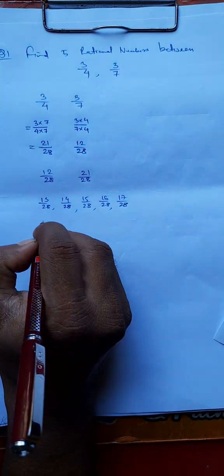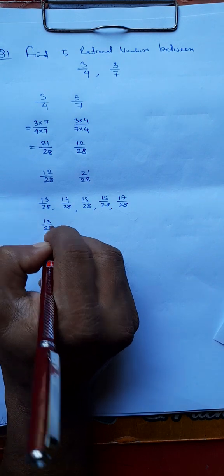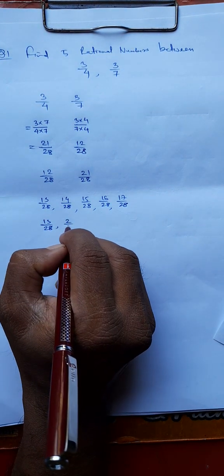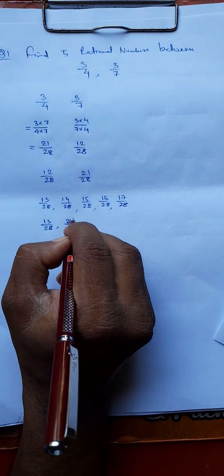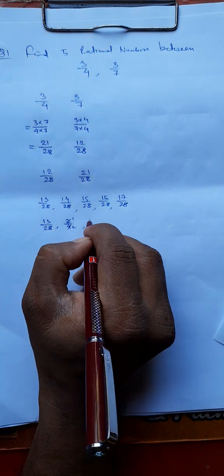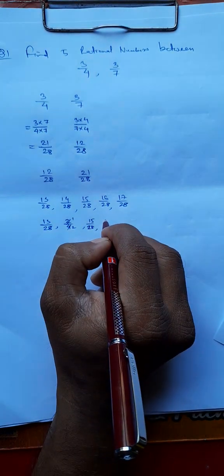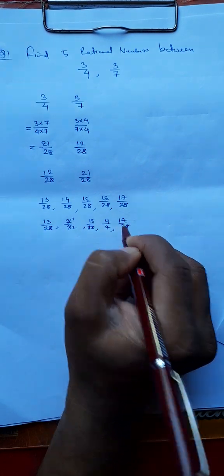And if you convert them into lowest terms, some do not have a common factor. This one you can convert into lowest terms: 14 by 28 is 1 by 2, then 15 by 28, and 16 by 28 is 4 by 7, then 17 by 28.